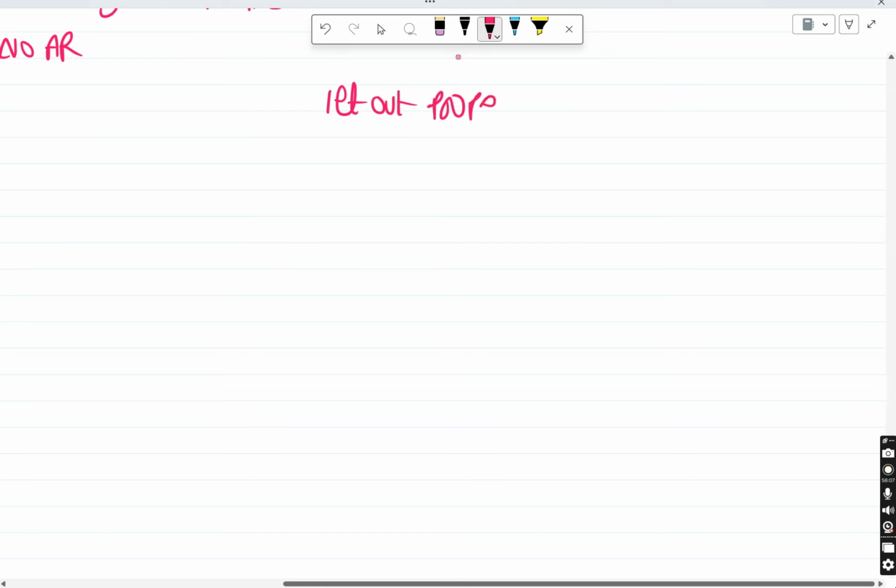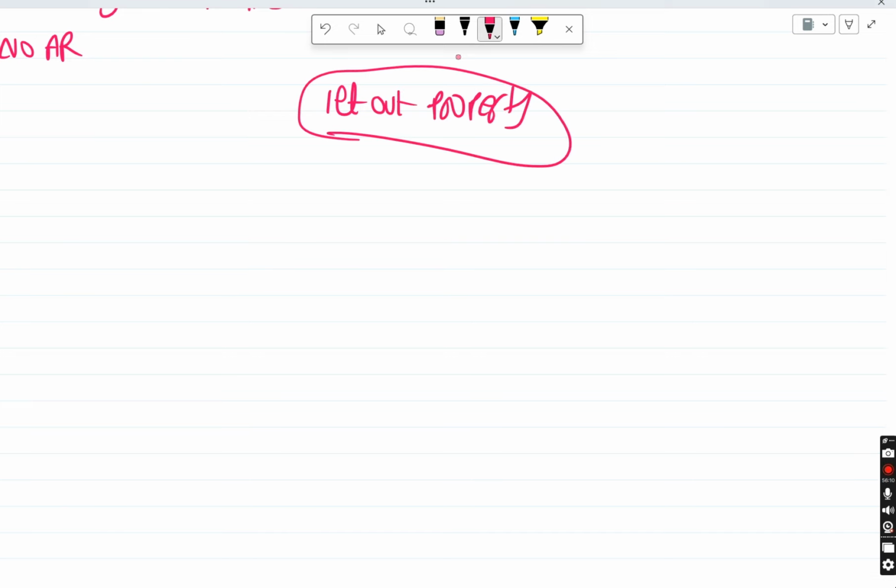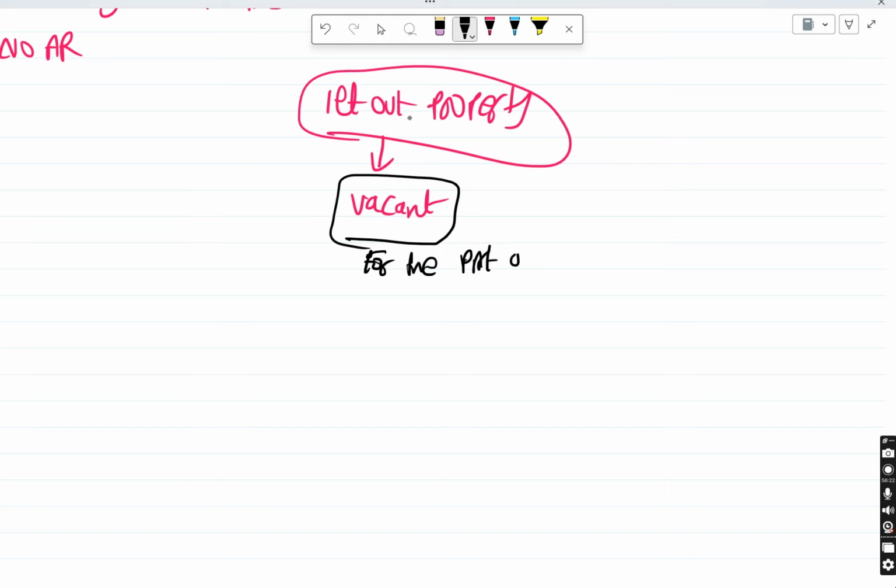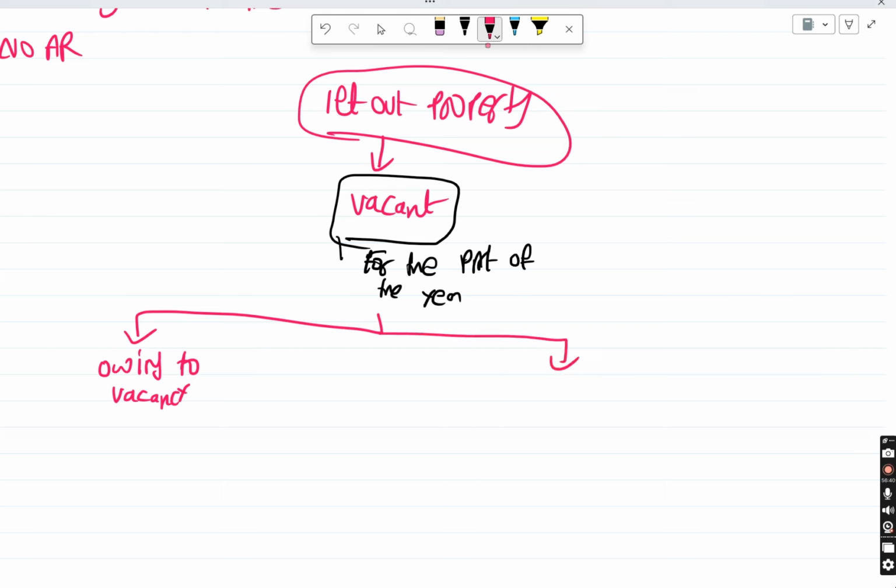Let out property. Let's just say it is vacant. Let out property is vacant, they will mention this in the question itself. If it is vacant for part of the year, owing to vacancy or not owing to vacancy.